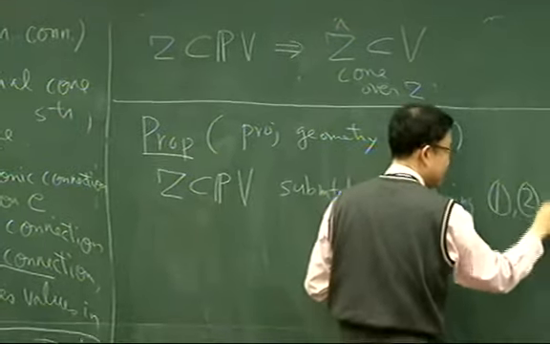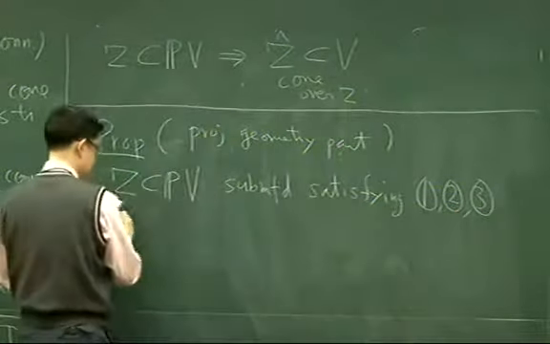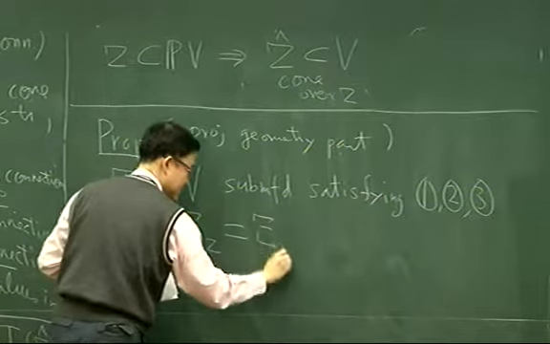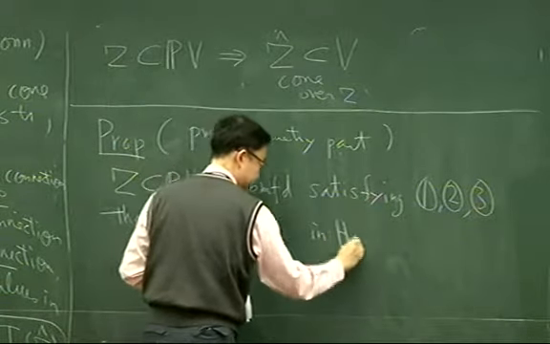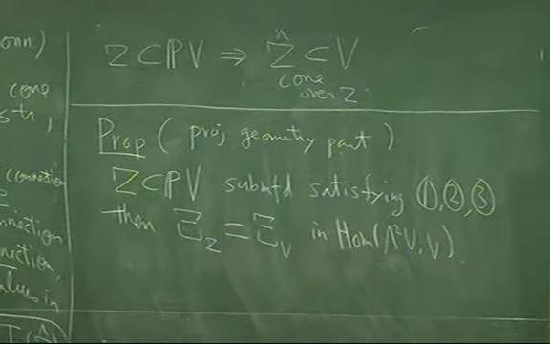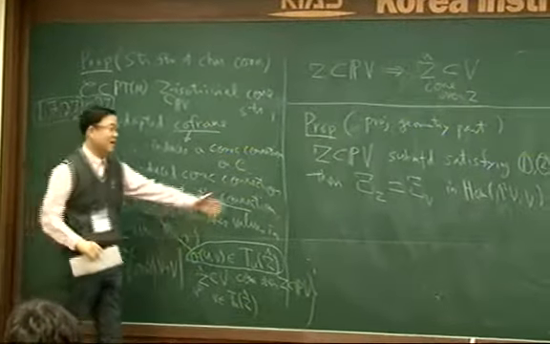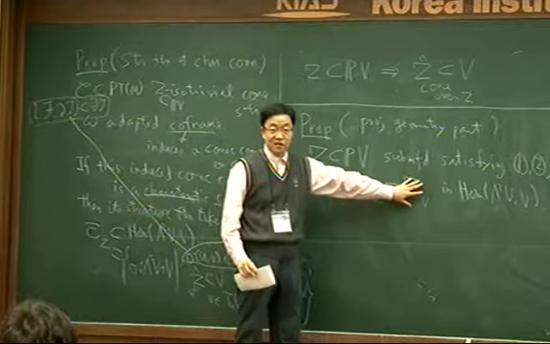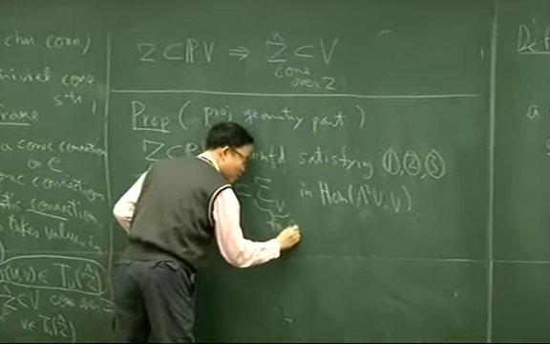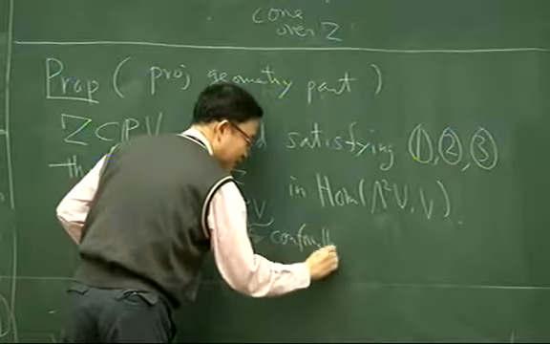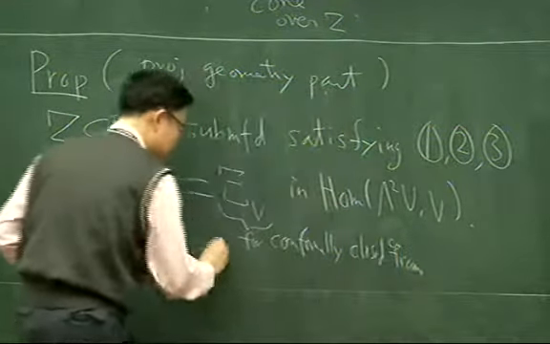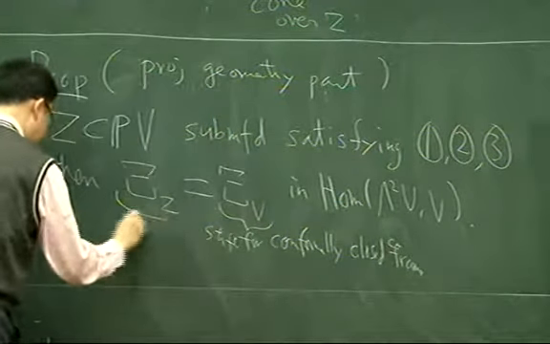Suppose you satisfy the first 3 conditions, then this subspace of the homomorphisms satisfying this tangential condition is exactly the same as the one, which I also erased, for conformally flat, conformally closed coframes, the structure function.